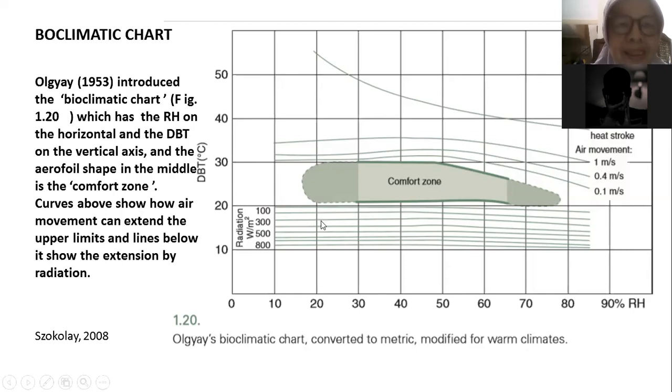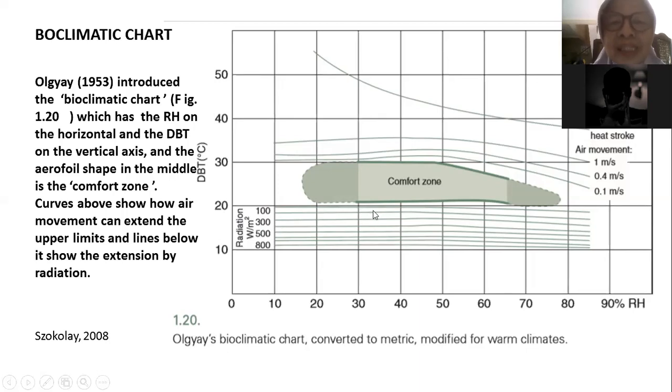But in the other direction, below, if the temperature is lower than 20, the radiation can also extend the comfort zone.